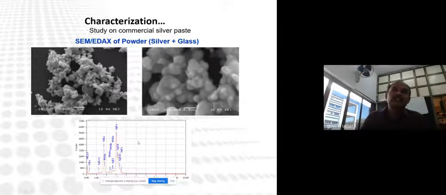Strategic sectors, such as space applications, require these kinds of pastes, so they demanded development of such a paste nanocomposite composition.